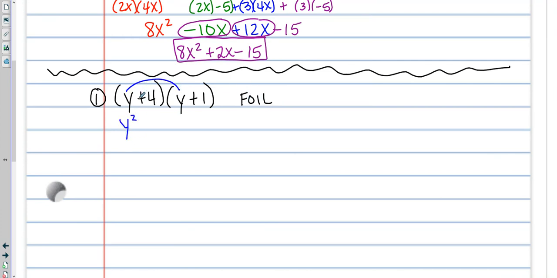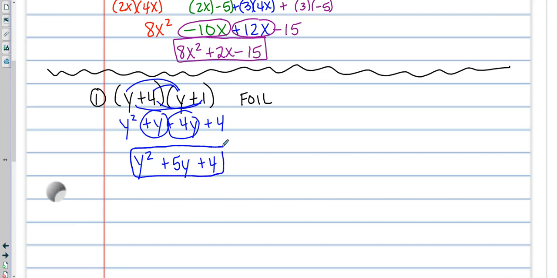The outside would be y times 1, which gives me y. The inside would be 4 times y, which is 4y. And the last would be 4 times 1, which is 4. We're going to combine our like terms right here. So we end up with y squared plus 5y plus 4. And this is our final answer.